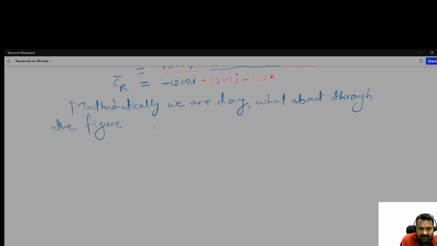This is the Y axis, this is the Z axis, and this is the X axis, and the plane lies in the XY axis. So it is the plane A.